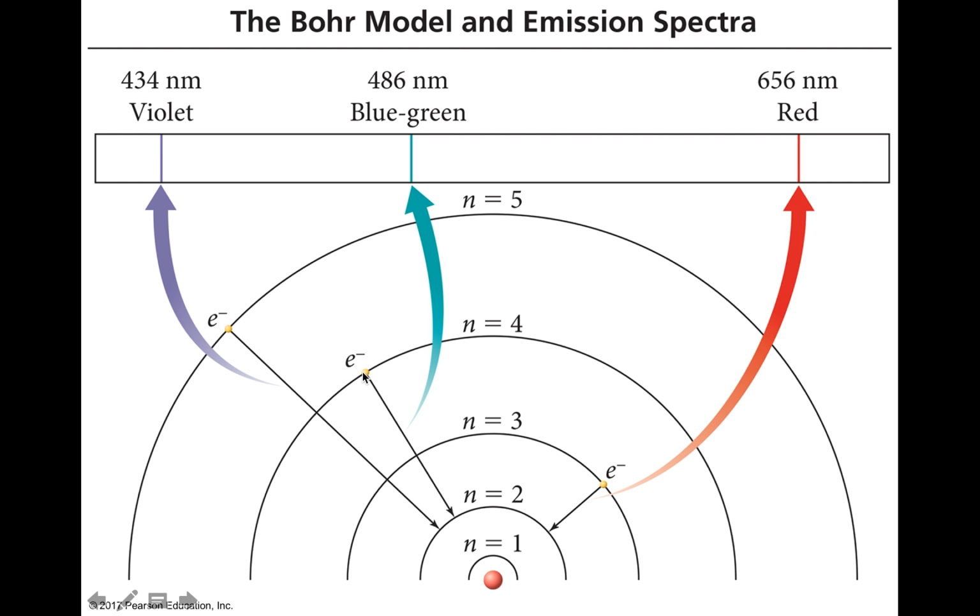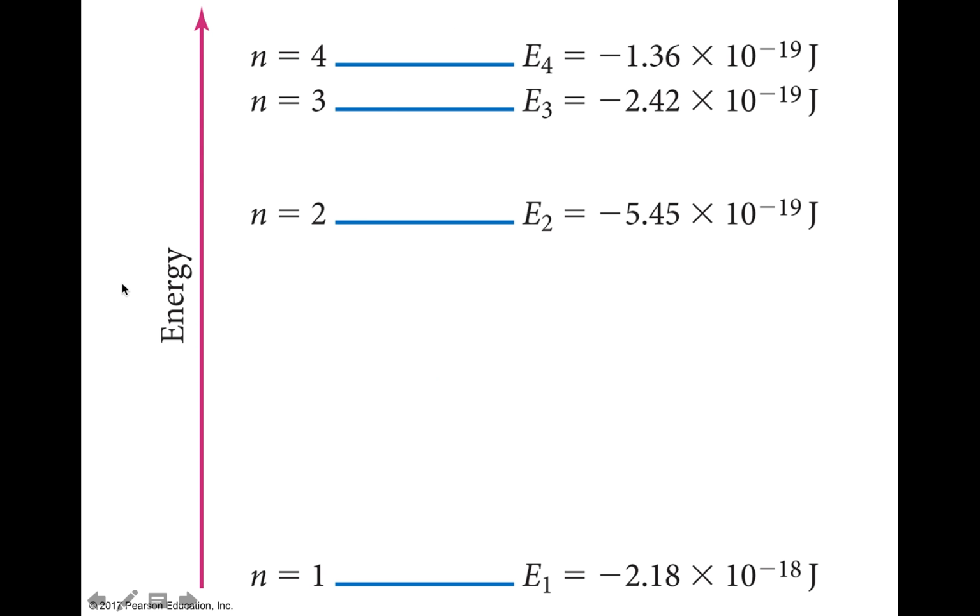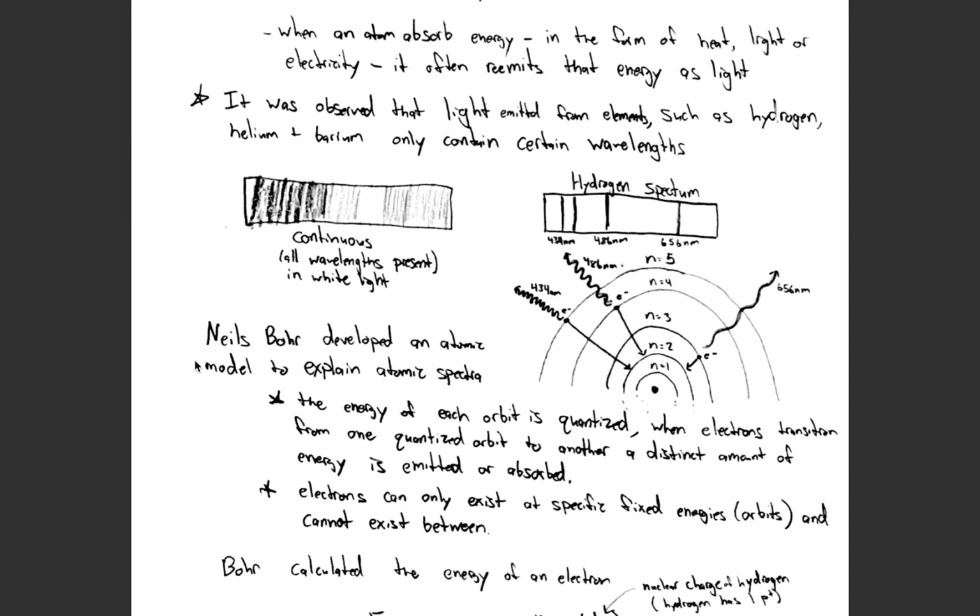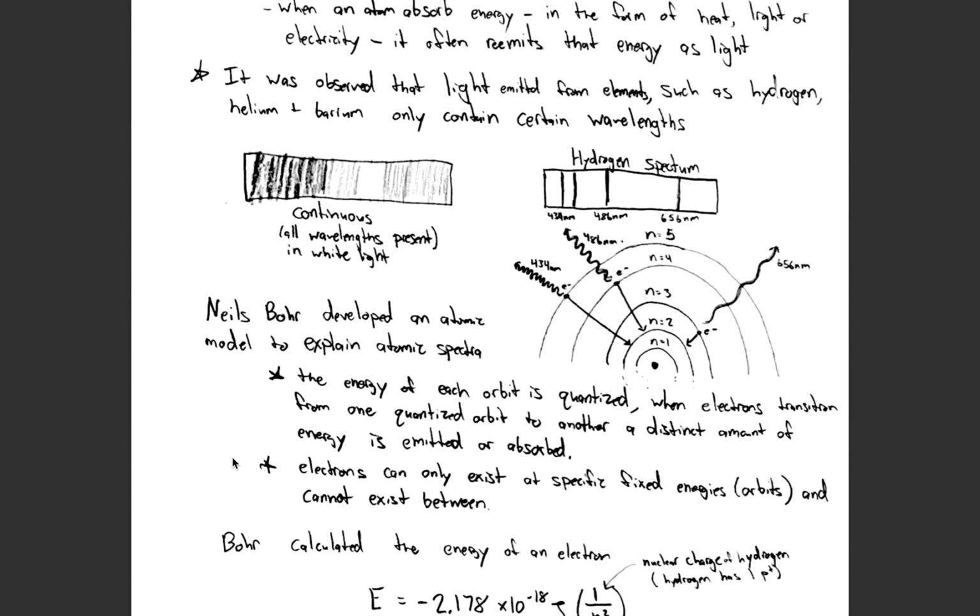And then a bigger change in energy from, say, 4 to 2 would produce a higher energy photon. An even bigger change in energy, say from energy level 5 all the way down to 2, would produce an even higher energy photon.